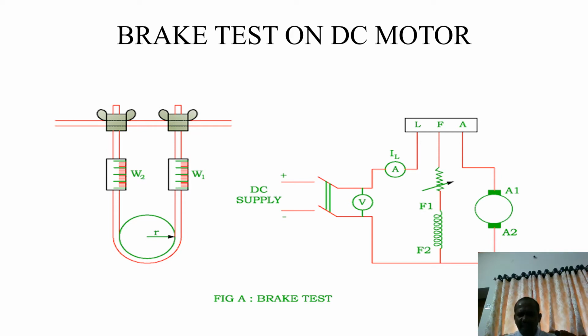You can see the field winding, which is connected to a variable rheostat in series with the field winding F1 and F2. You can see that from the diagram. The armature winding has A1 and A2, which is connected to the armature A.